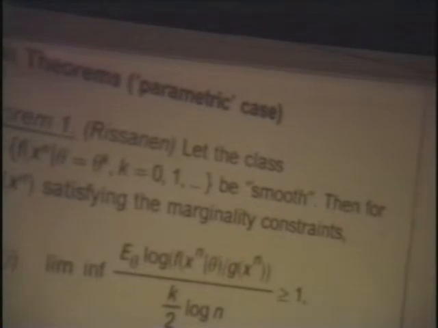Okay, I don't want to delve too deep into this nor spend too much time. Let me show a few theorems. This is a generalization of Shannon's coding theorem, but here we have a smooth parametric class of densities.